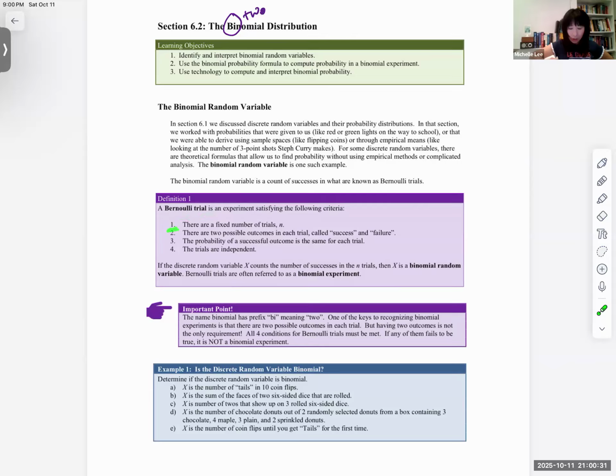So number one, there is a fixed number of trials. And we had earlier sample size, right? So here we say the fixed number of trials, n equal to 10, n equal to 20, n equal to 30, right? And number two, there are two possible outcomes in each trial called success and failure.